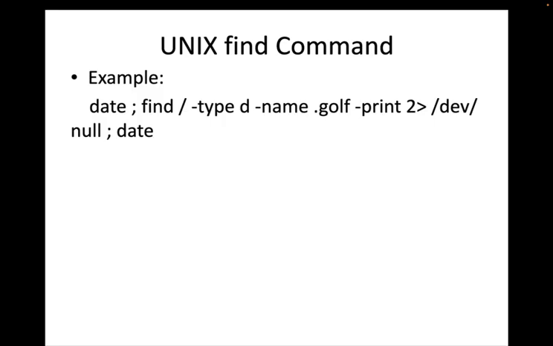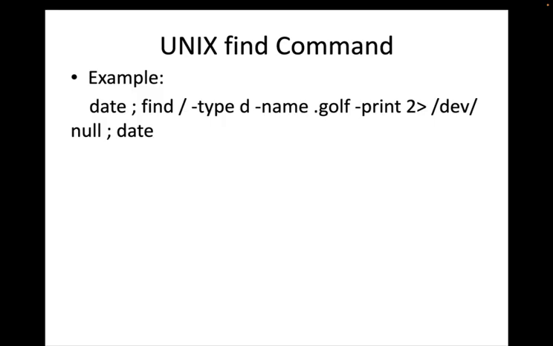In this example, I am looking for a known bad directory name or file name, .gof. On Unix, any file name that starts with a period is considered hidden. And to actually see those, you have to use the -A option, for example, on ls, to show all files, including hidden files.